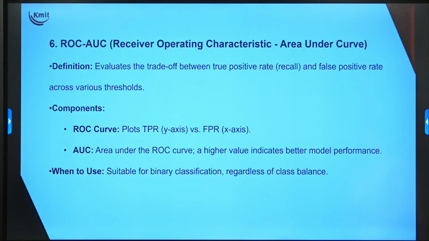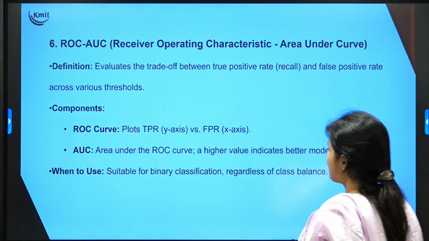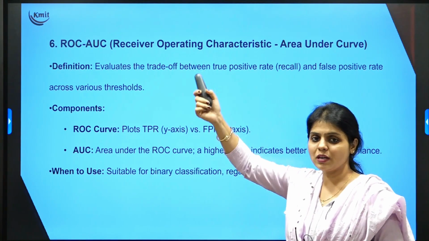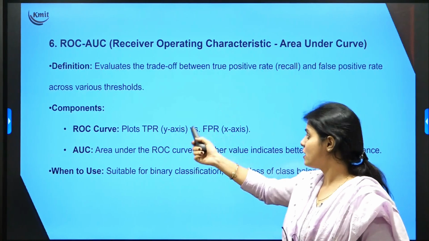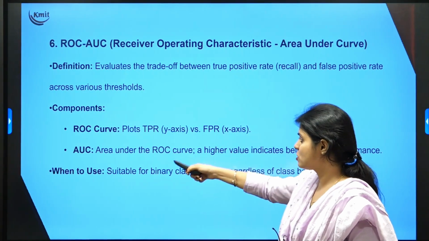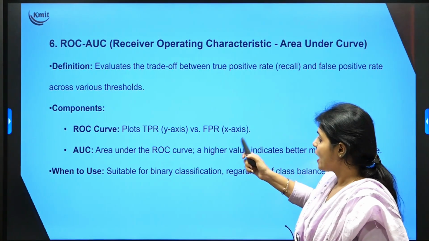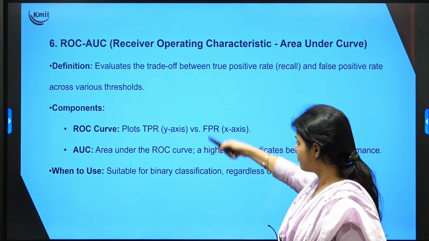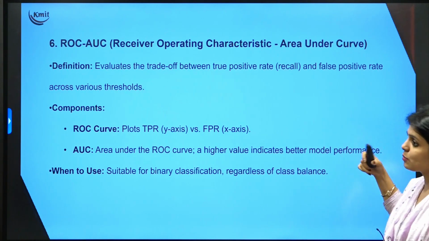We will see what this threshold is and why we use it. The ROC curve is nothing but TPR, true positive rate, versus FPR, false positive rate. And area under curve is nothing but the area under this ROC curve, where a higher value indicates better model performance.